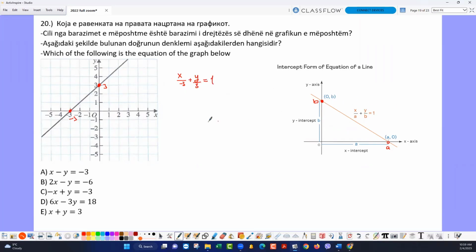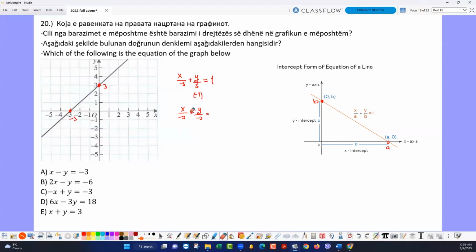Here is the formula. The denominators are not the same, but you can make them the same: multiply by -1 here. So x over -3 plus y over -3, and when you multiply, this is going to be also minus.